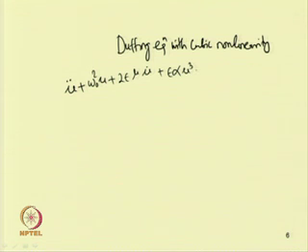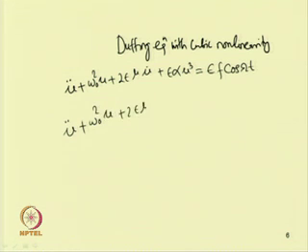In the forced vibration case we have considered two cases. In the first case we have taken the forcing equal to epsilon f cos omega t, and in the second case we have written the equation of motion as u double dot plus omega 0 square u plus 2 epsilon mu u dot plus epsilon alpha u cube equal to f cos omega t.